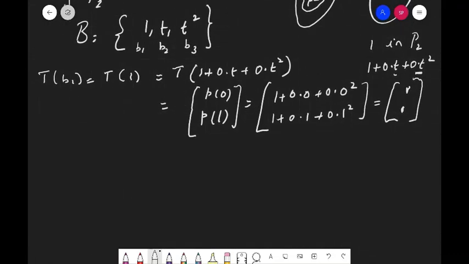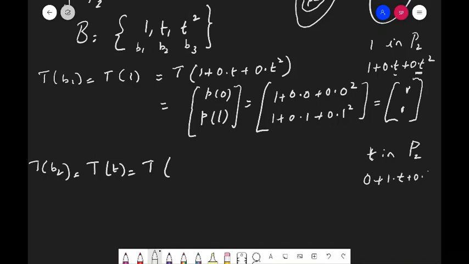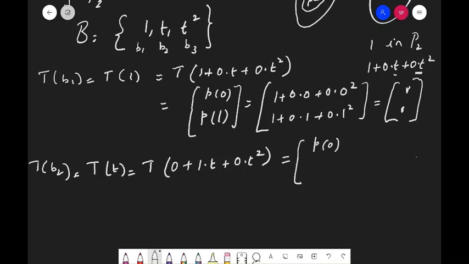Now let us see similarly what is T of B2. That is T of t. Now t, how do you write it as a second degree polynomial in P2? The constant is 0 plus 1 into t plus 0 into t square. Is it clear? By definition, this is equal to (p of 0, p of 1).